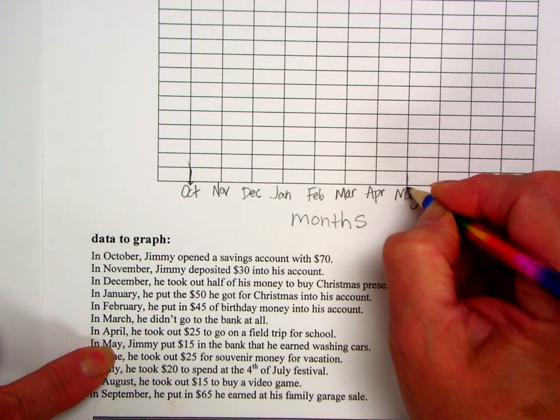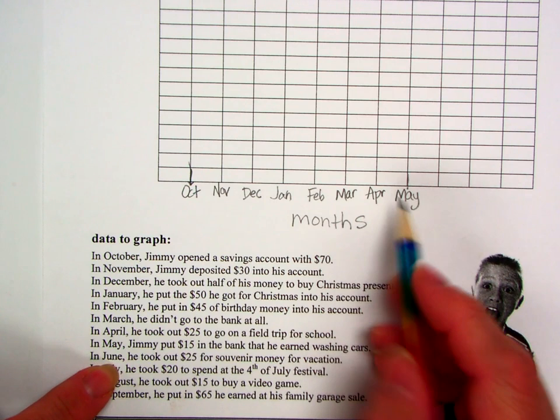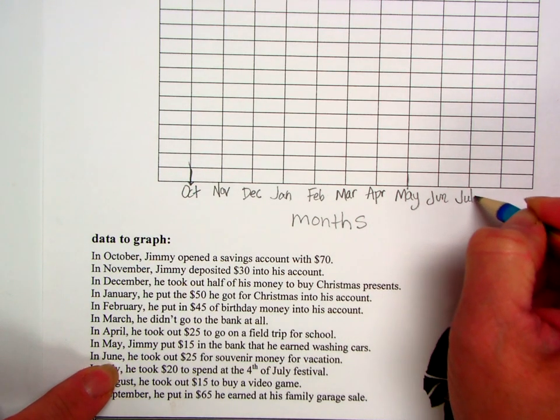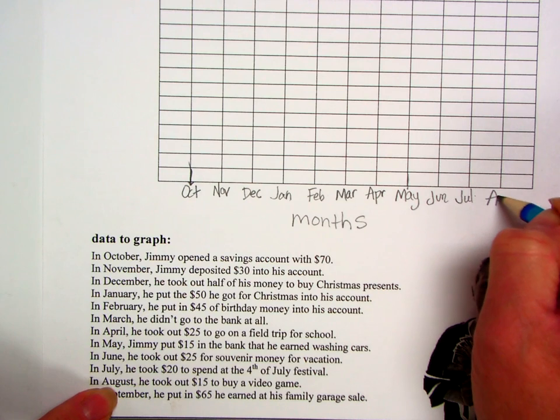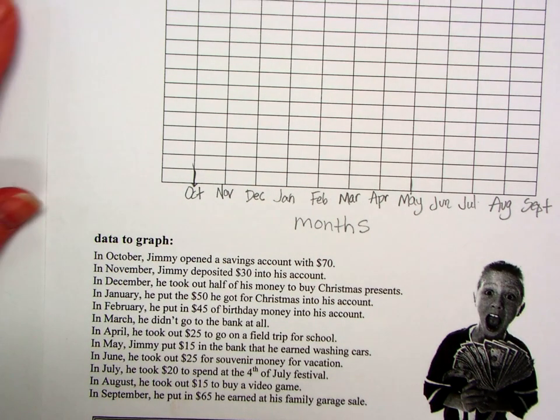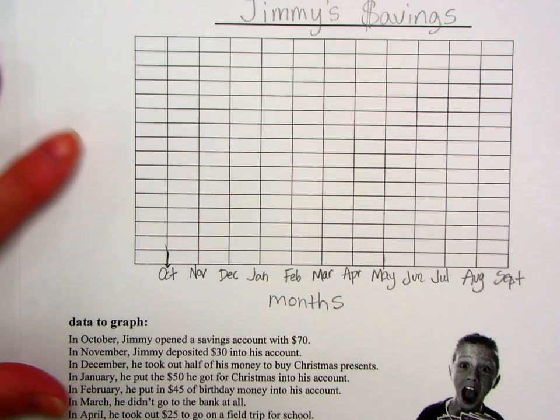Notice that I'm putting these months right underneath a line, not underneath a box. June, July, August, and September. Okay, now you have to write kind of neatly to make it readable when it's this small.